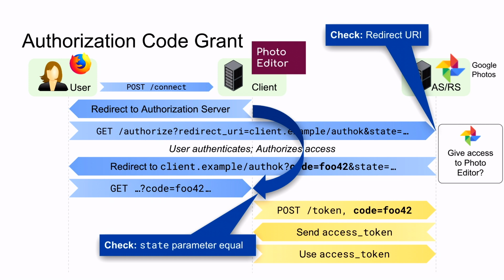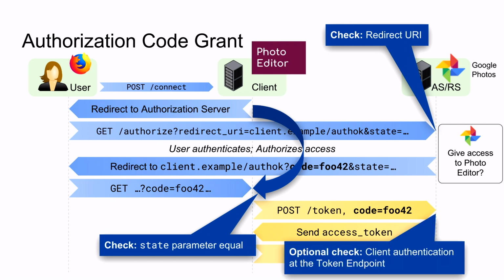OK? And another thing we can optionally have here, so-called client authentication. The client might need to provide some credentials to send the token request. We need all these details later because we're talking about how to make OAuth more secure.